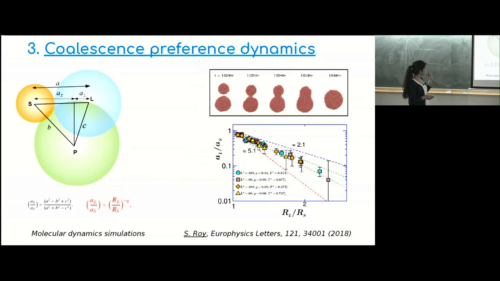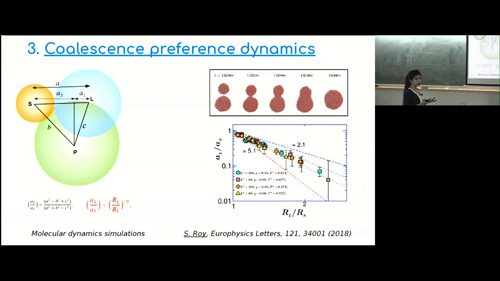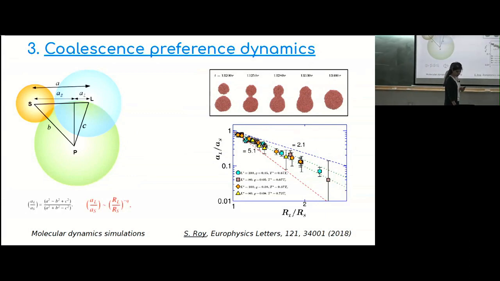If you look at the literature, there is a prediction that the distance of the final product from the larger or the smaller one depends on the diameter ratio of the two particles, with some power law behavior. So now the question is, if you take different kinds of systems, say a vapor liquid system or binary droplets, do they exhibit the same exponent, are they really universal in nature, or what's really going on? This is something which I'm interested in.